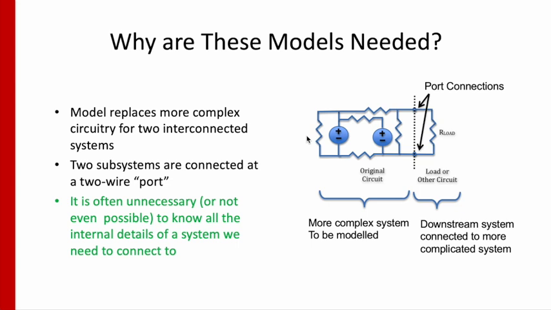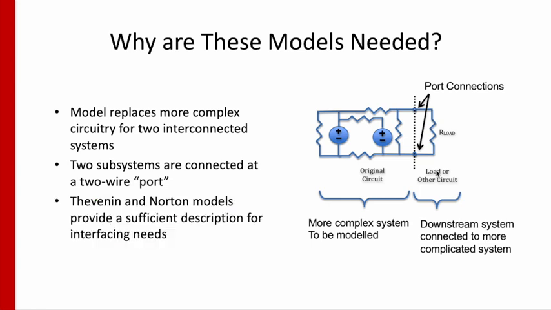This is an example of how having a simple model like a Thevenin or Norton model would be very helpful, because we don't need to know all those details in order to accomplish some task on the downstream end. The Thevenin and Norton models provide a sufficient description for our interfacing needs.